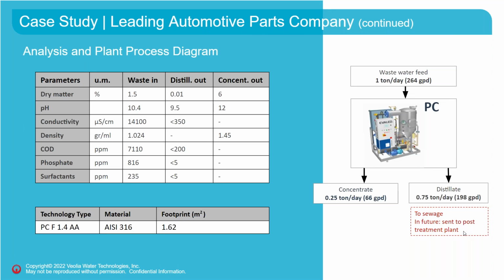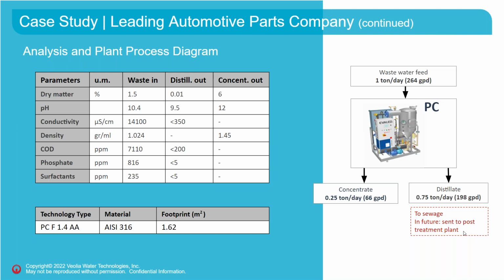This one is again a PCF, and this is typically what we're going to be using. This one is a little bit smaller, the 1.4, and you can see by the labeling after that, the AA. We have different materials of construction. We'll get into a little bit more detail on the evaporator and some of the selections you can have for that. But this one has a little bit more solids in it, and also fairly high conductivity for what we're trying to do.